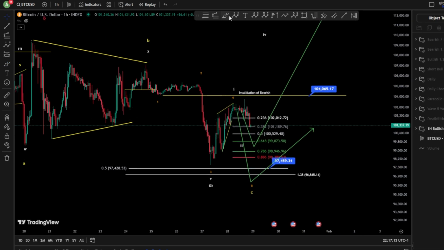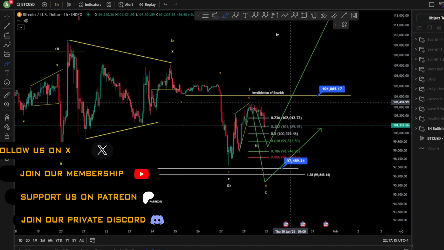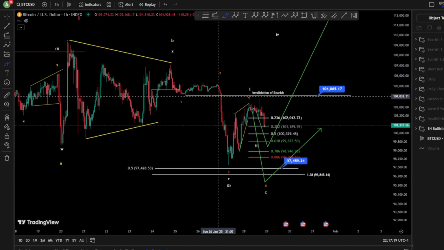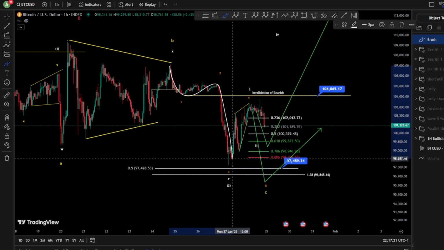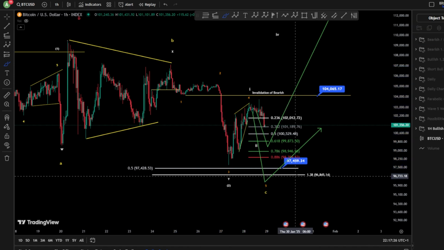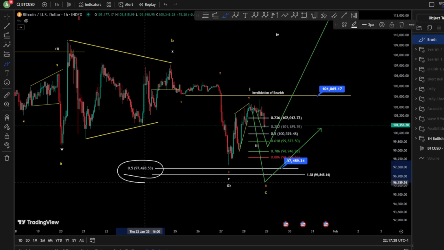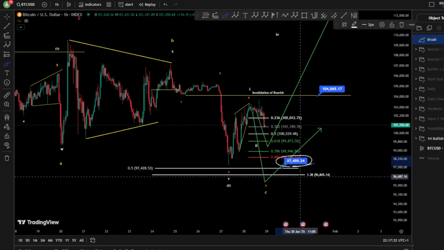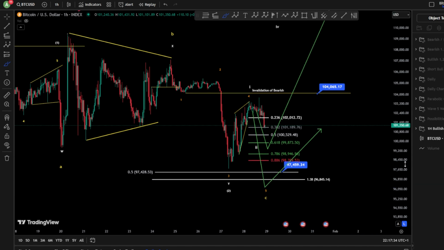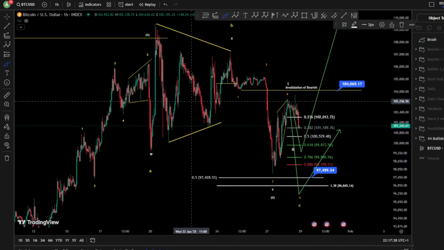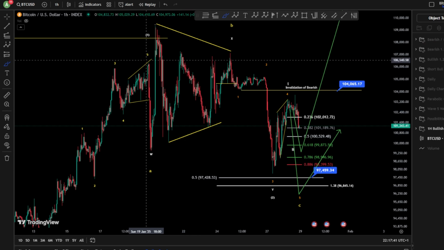In case that we are still in a bearish scenario, because as you can see, we did not hit the invalidation of this bearish scenario, which is coming with 1, 2, 3 and 4 and F5. Of course, we are still looking for a wave F5 toward the downside, probably at 97,459. And this is because of the A, B, and a C that we might have here as an expanding flat.